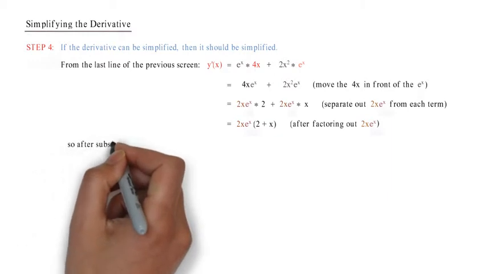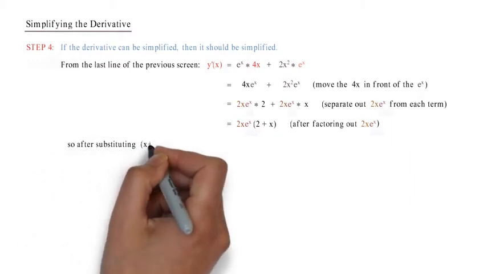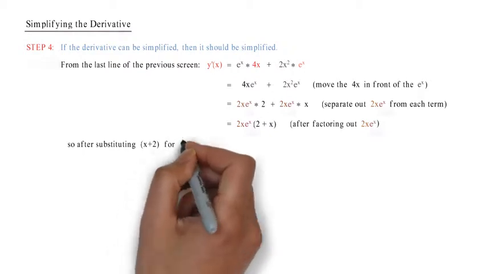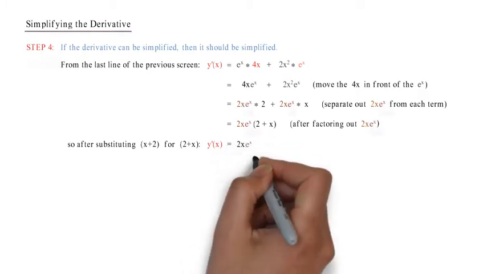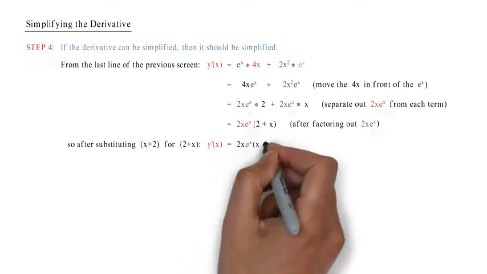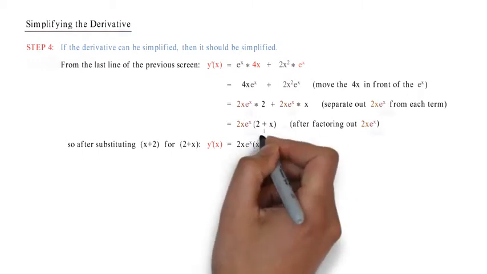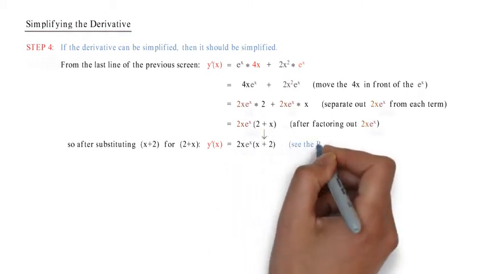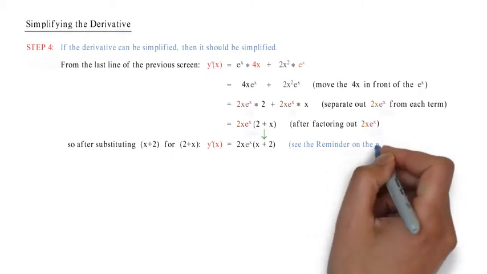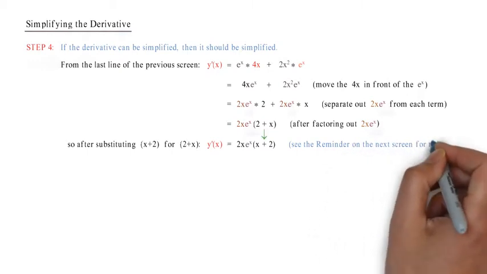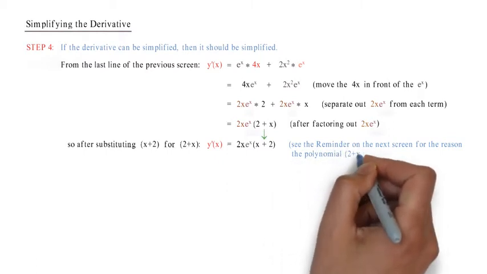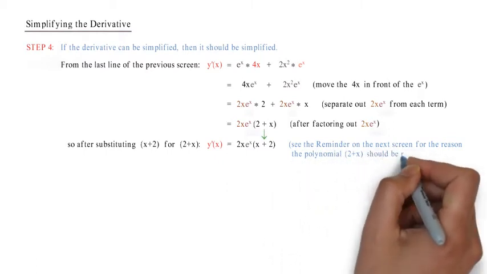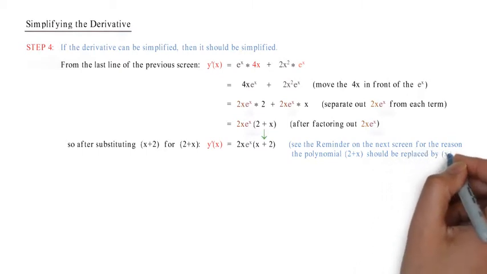So after substituting x plus 2 for 2 plus x, y'(x) equals 2x e to the x into x plus 2. See the reminder on the next screen for the reason the polynomial 2 plus x should be replaced by x plus 2.